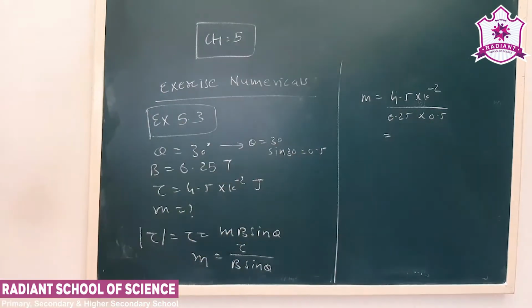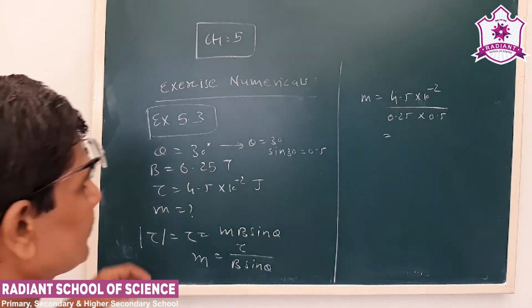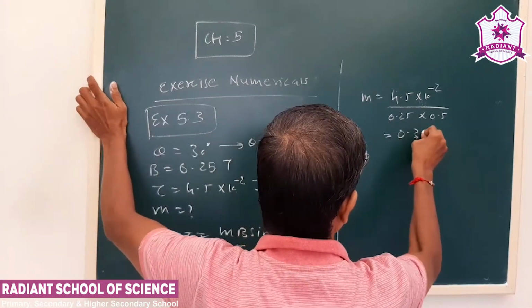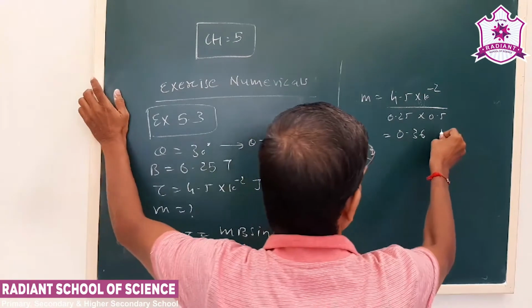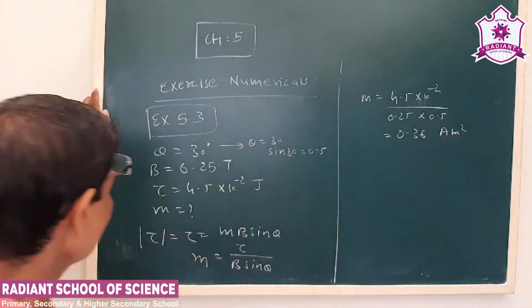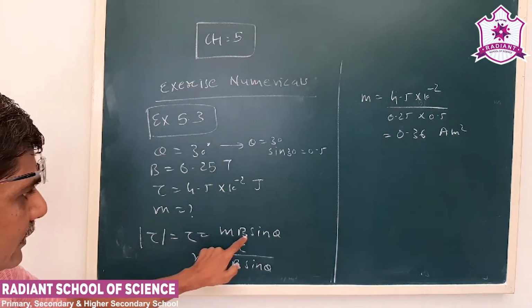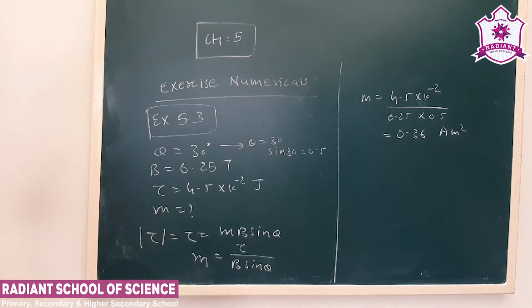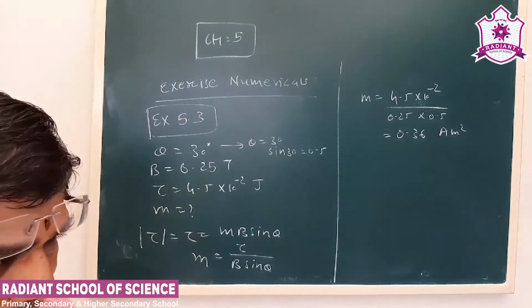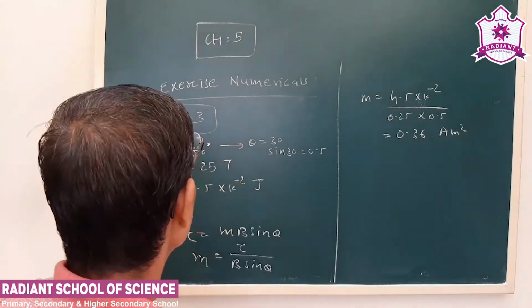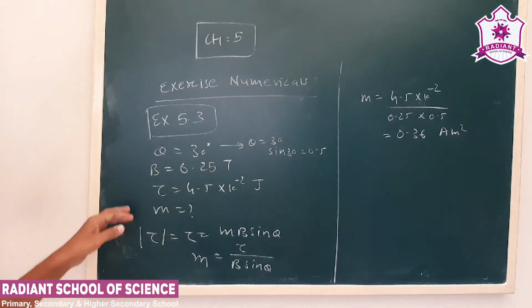Now if we solve, we get 0.36. And what is the unit of dipole moment? That is ampere meter square. Here we have 4 quantities, out of which 3 are given, so we can easily obtain the fourth, that is, the value of the magnetic field can be obtained.